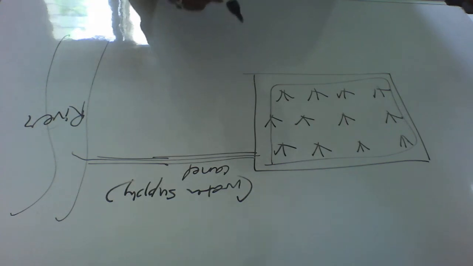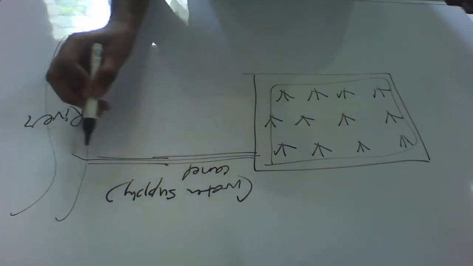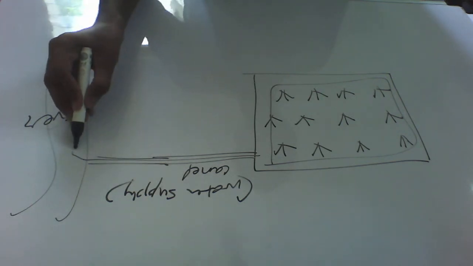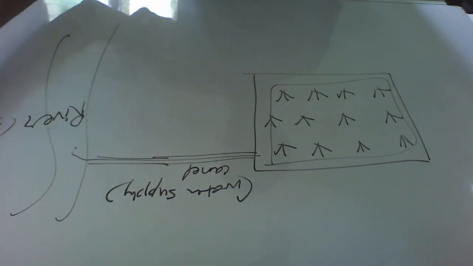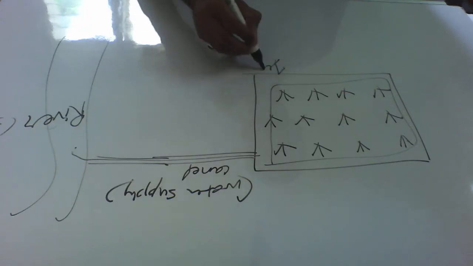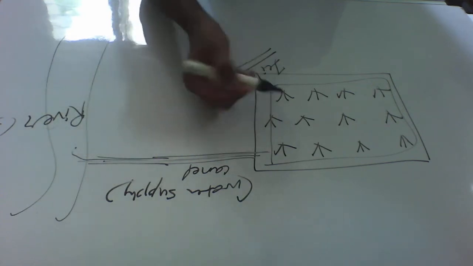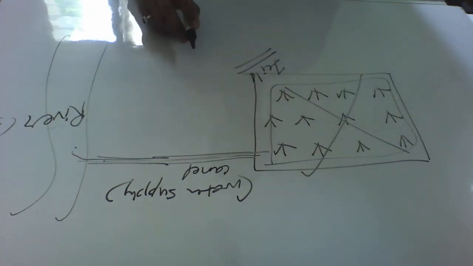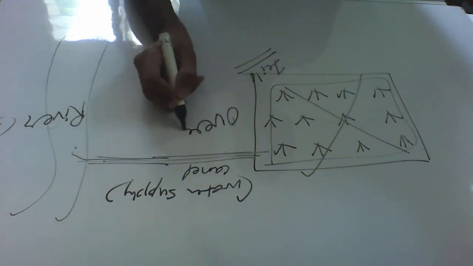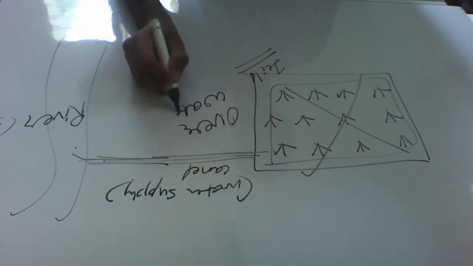Actually, if this water supply were directly connected from the river, that is the source, to the field, this would damage the crops due to overwatering.